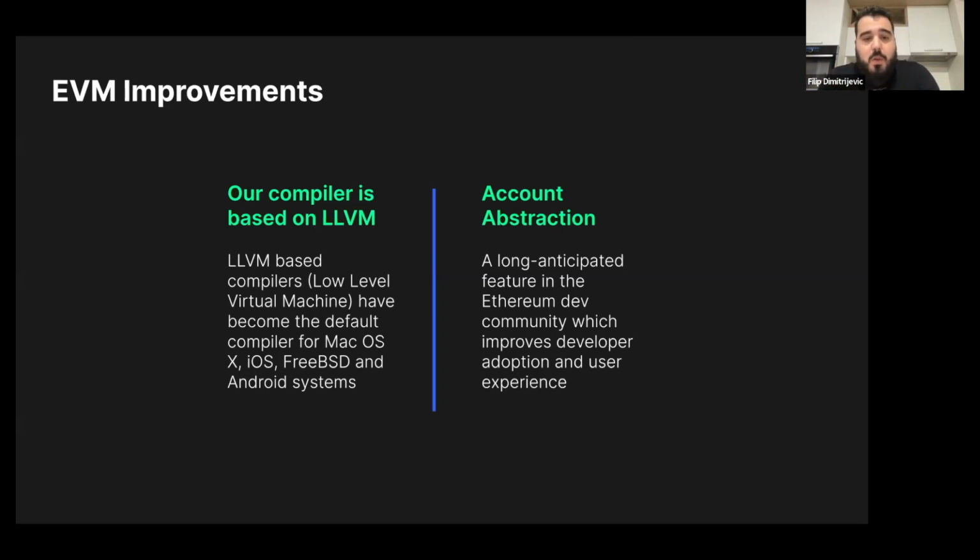Our compiler is based on LLVM, or low-level virtual machine, and LLVM-based compilers have become the default compilers for many of today's operating systems, such as Mac OS X, iOS, FreeBSD, and Android. They are among the most widely used because they enable us to improve efficiency over the original EVM bytecode, because with LLVM we can take advantage of the many optimizations and tools available in this mature ecosystem.